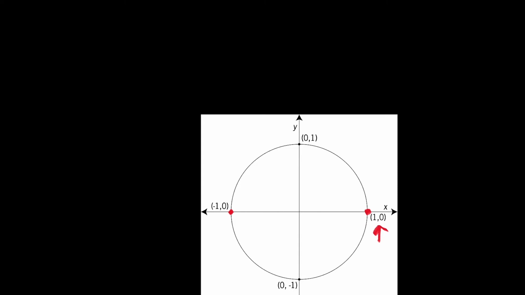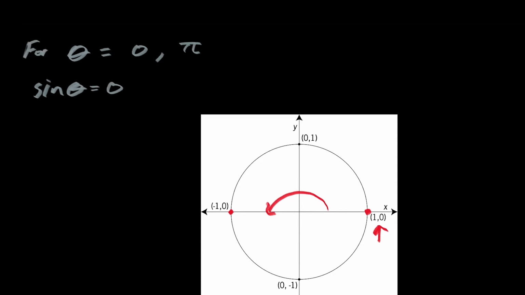So this corresponds to an angle of 0 and then an angle of pi. So for 0 and pi, I'm going to write some values up here. For theta equals 0 and pi, we're going to get sine of theta equal to 0.